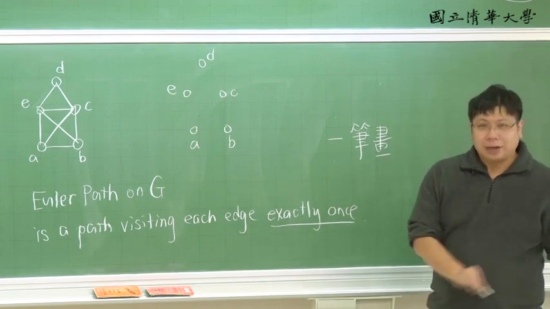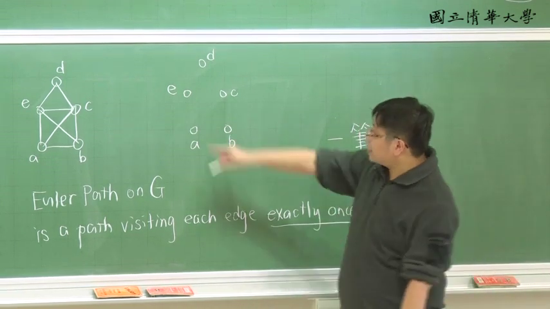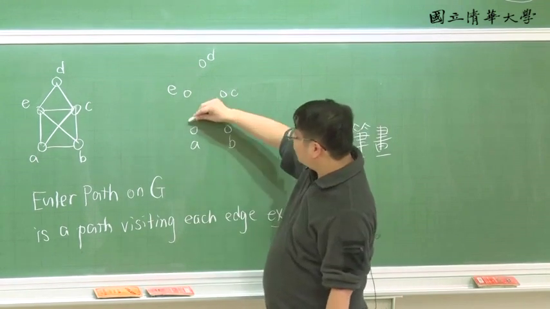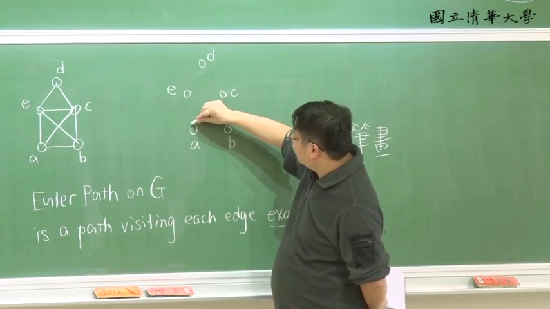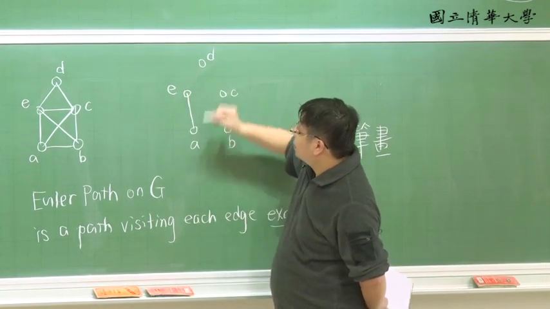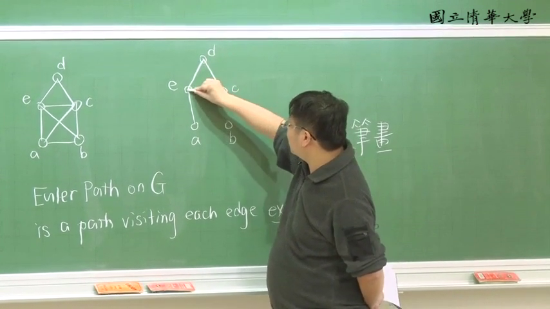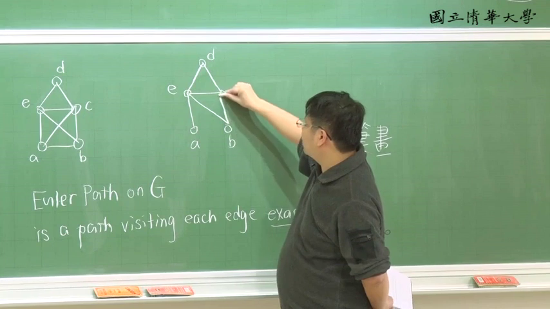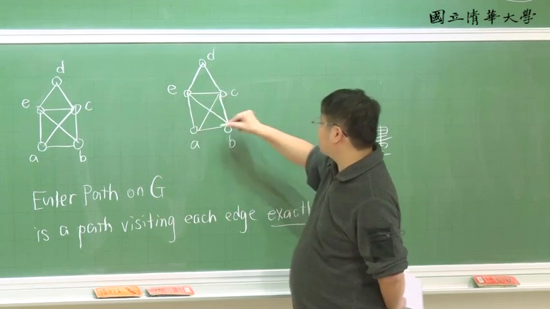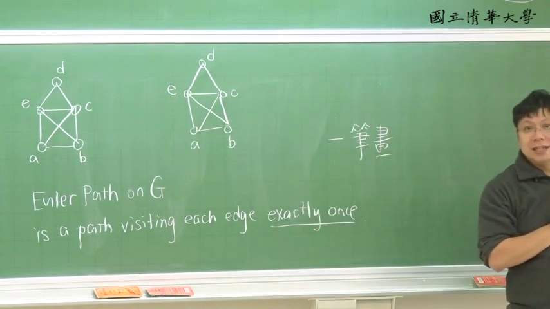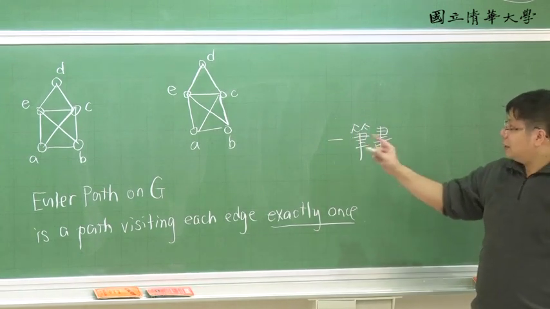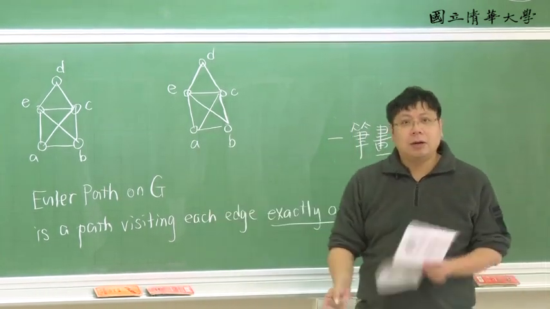So let's check if this has an Euler path. Let's try going from A to E, and then go along this one, this one, this one, this one, this one, and this one. Okay. So this is a graph that has an Euler path.